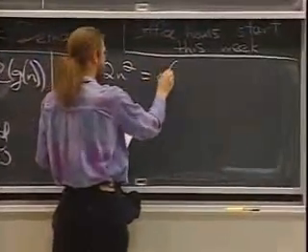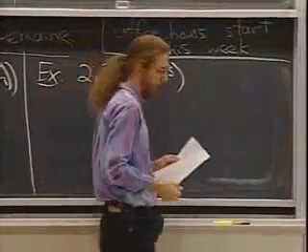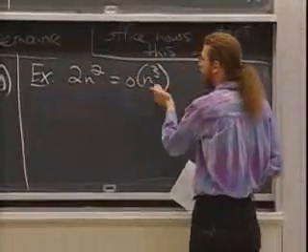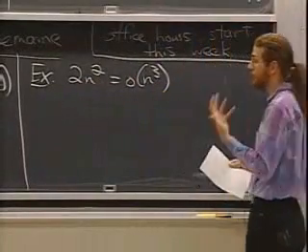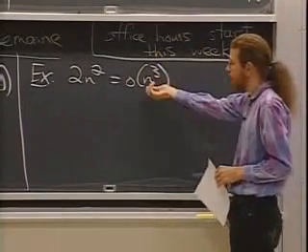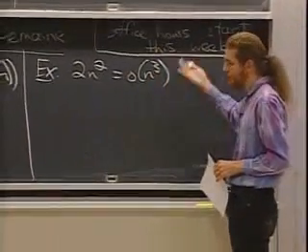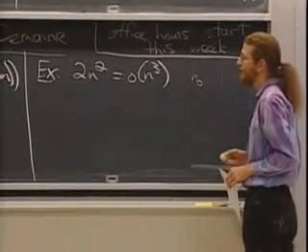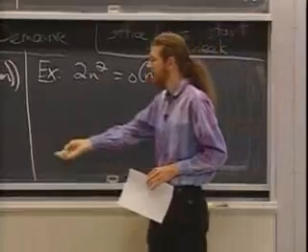Again we're ignoring constants. N squared is always less than n cubed for sufficiently large n. And it's a bit subtle here. In order to prove something like this, it will become intuitive after you manipulate it a bit. You have to figure out what n0 is in terms of c.